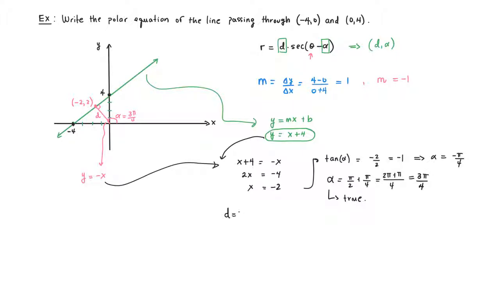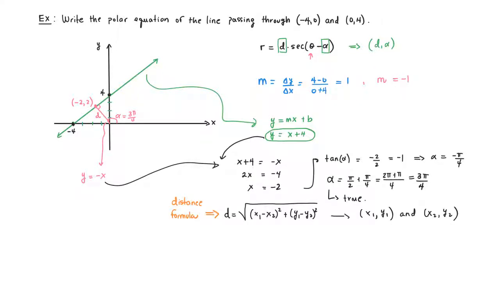Distance equal to the square root of (x1 minus x2) squared plus (y1 minus y2) squared. And this is whenever you are given 2 points, x1, y1 on a line, and x2, y2 on that same line. Here the points that I have are -2, 2, and the origin 0, 0.